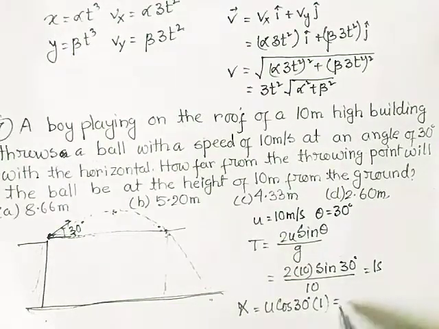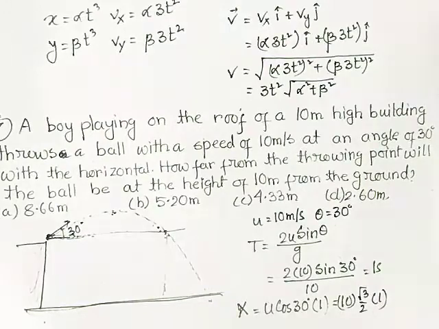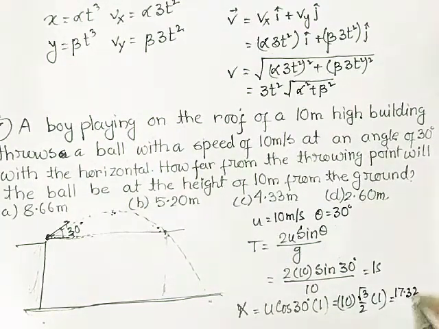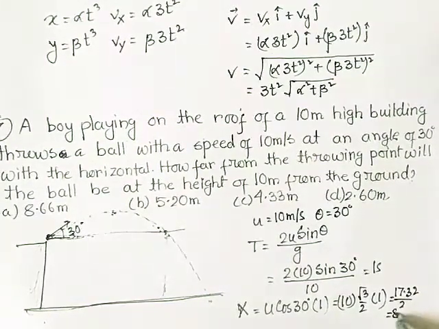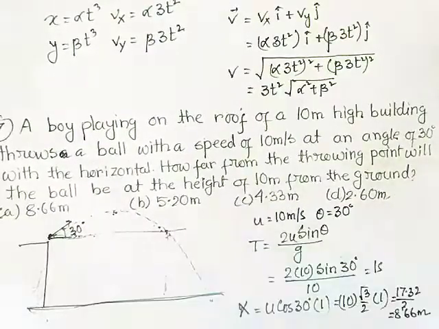Cos 30 degrees is approximately root 3 by 2, and u is 10. So it is 5 root 3, or we can say 17.32 divided by 2, which is approximately 8.66 meter. This is the answer.